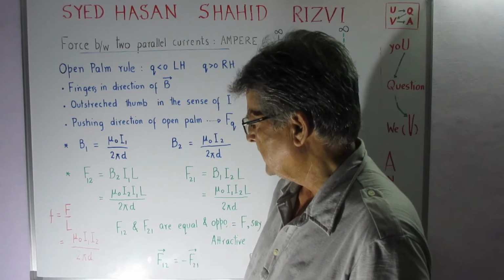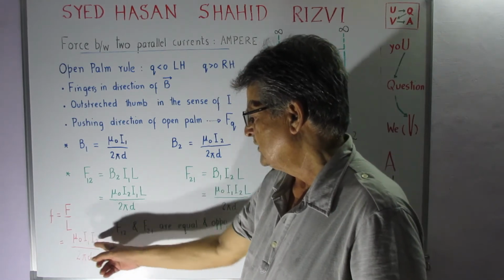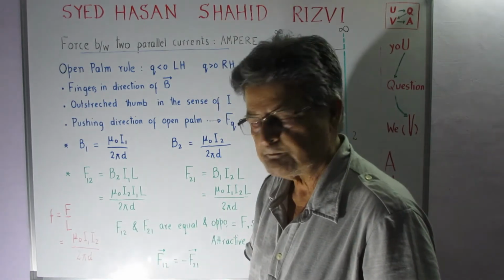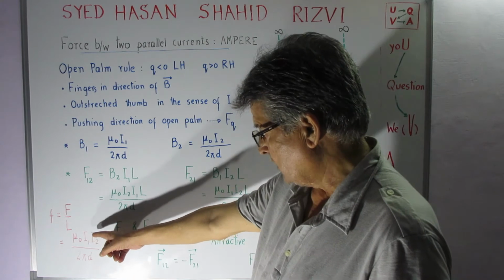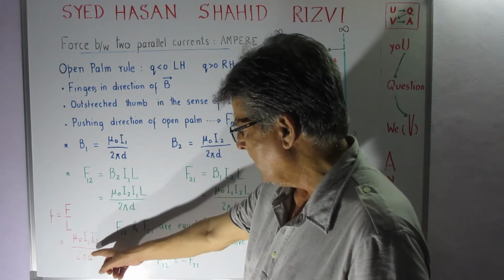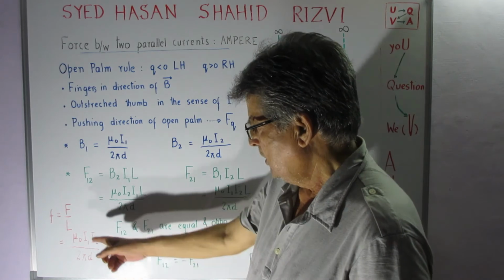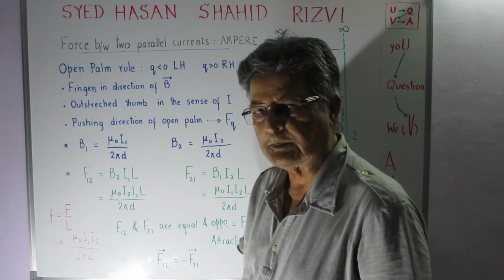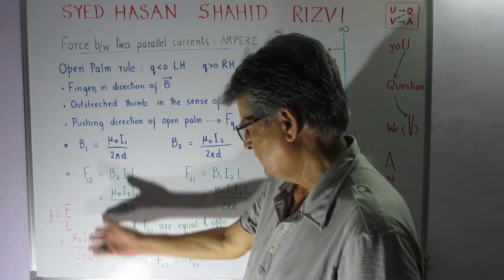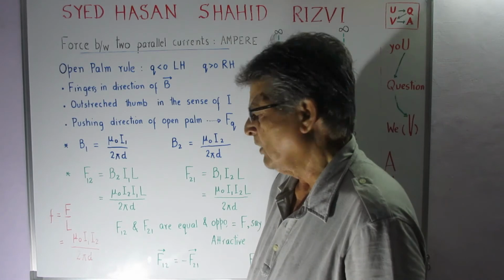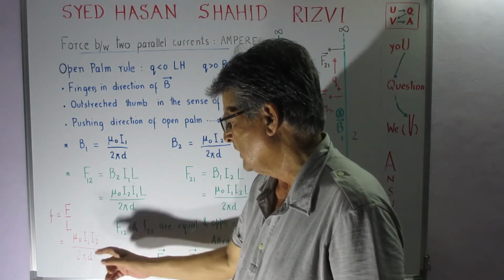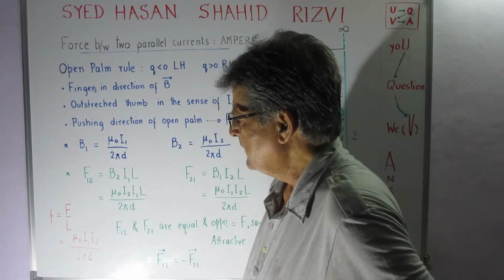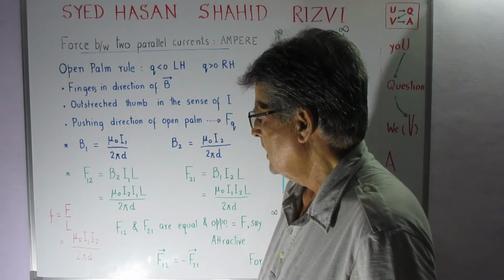The force per unit length of either wire turns out to be a beautiful relation which only consists of I1, I2 and d: f is equal to mu naught I1 I2 upon 2 pi d. So this force per unit length is proportional to I1, proportional to I2 and proportional to 1 upon d, like we have been doing several times, and we get the result f is equal to mu naught I1 I2 upon 2 pi d.